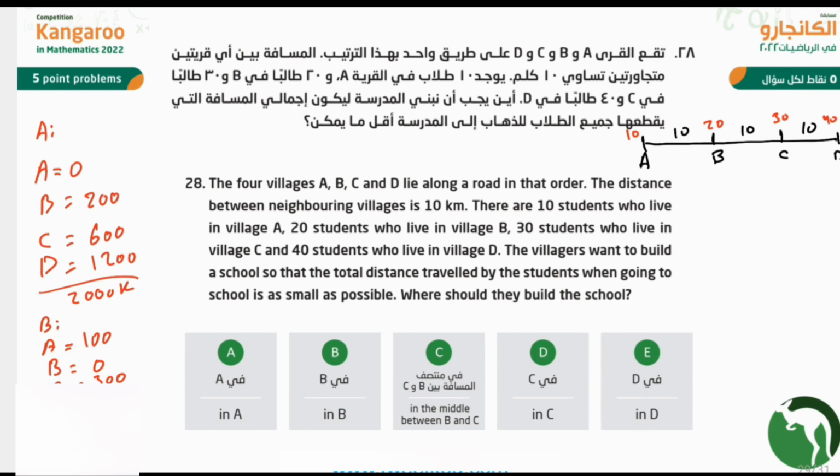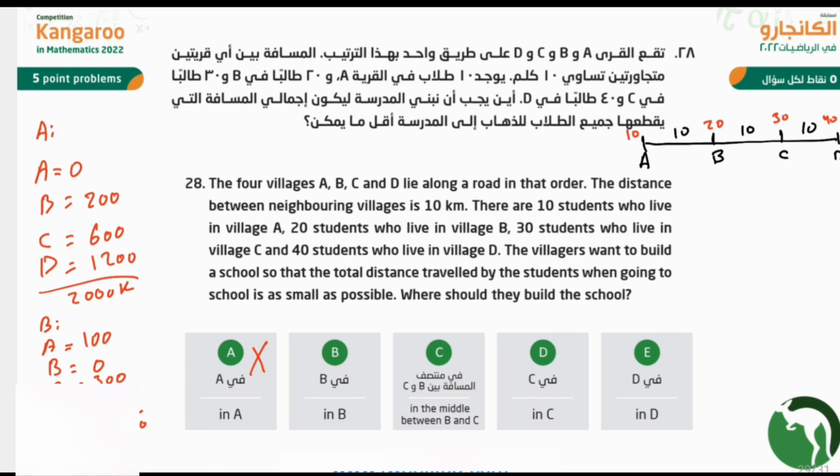And in D, 40 students will cross 20 kilometers, so 800. Now here we will have 1,200 kilometers. So until now, if we build the school at B, it will be better than building it at A, so we can exclude this answer.